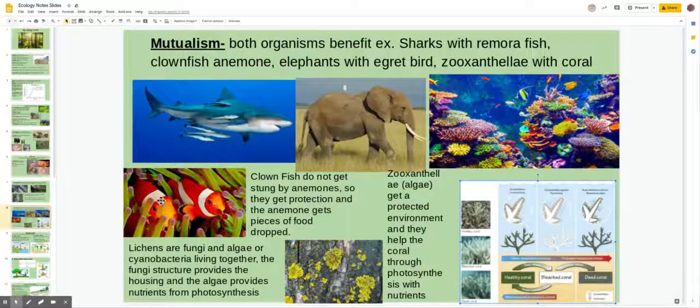There's one other example on here that we hadn't talked about yet, and it's one of everybody's favorites because of the whole Finding Nemo event. The clownfish living with anemones, because they're provided with protection from the anemone, and the anemone gets pieces of food and material that the clownfish hasn't eaten. It is often misunderstood, but these anemones do eat.